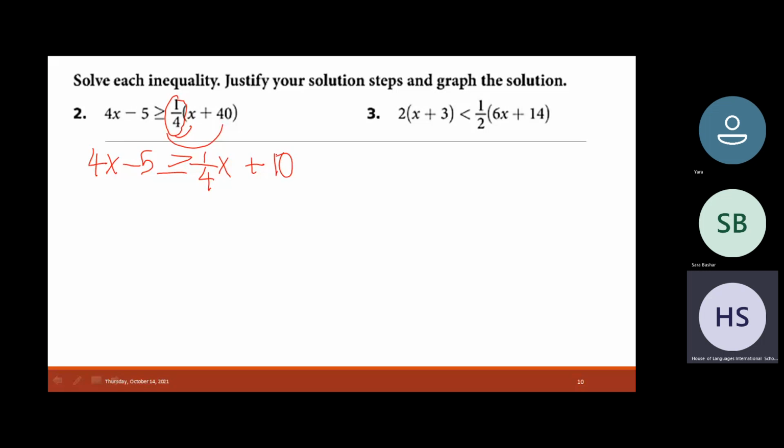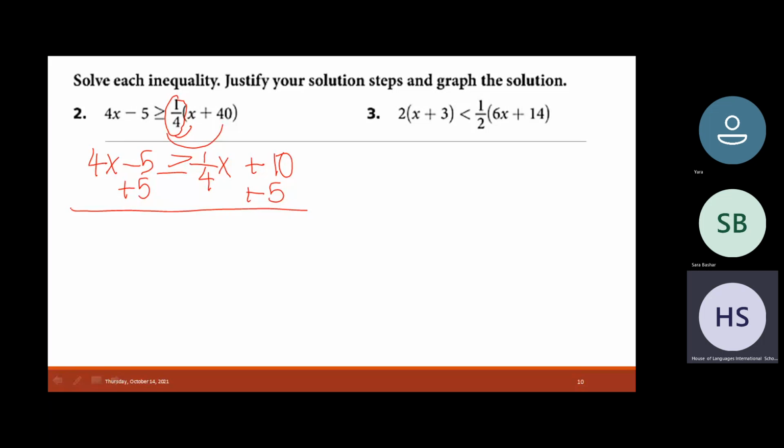4x, keep it here. Let's move negative 5 to the second side. What is the sign of 5 here? Minus. What is the opposite of minus? Positive. Plus 5, plus 5. Got it now? We have x, we will leave the x.